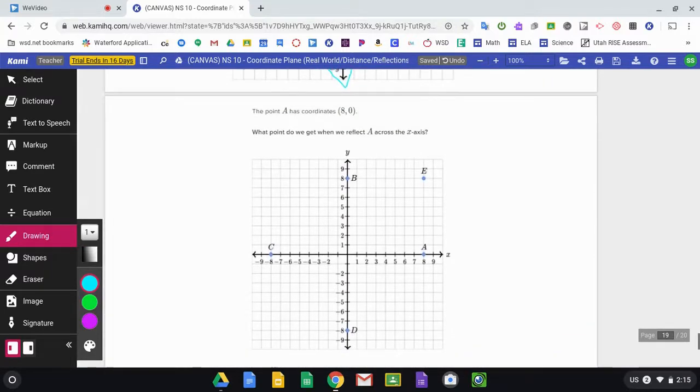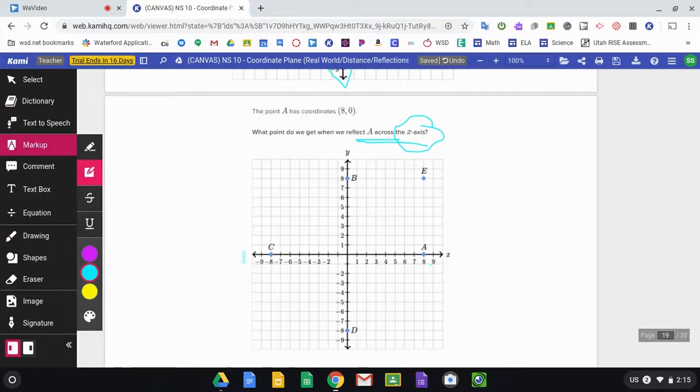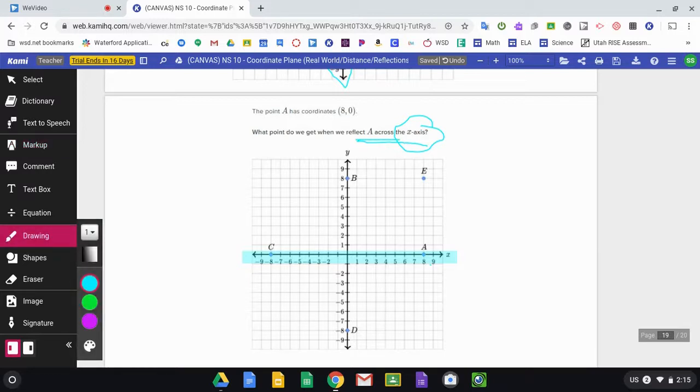Point A has the coordinate of 8, 0. What point do we get when we reflect point A across the x-axis? So if I reflect it across the x-axis, A, B, C, D, or E. This is going to sound crazy, but guess what happens?